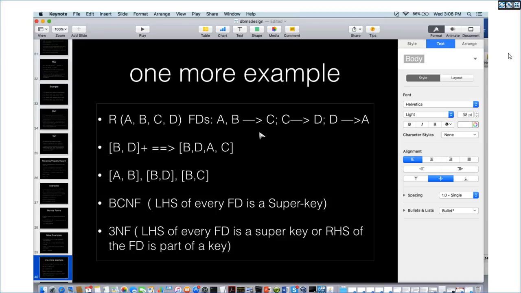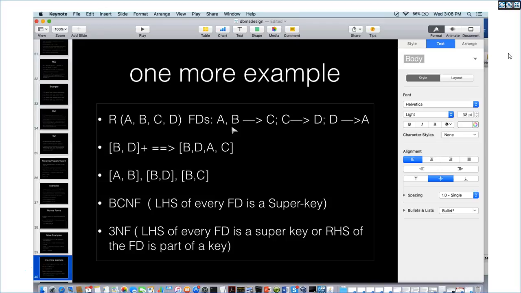C determines D, D determines A, so C determines A. That also becomes a transitive dependency. If you put the F closure of this, you will get all the other dependencies as part of this relation R.